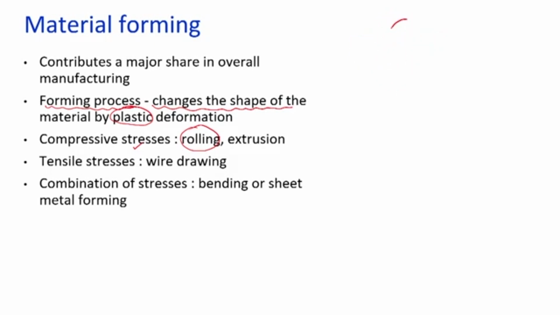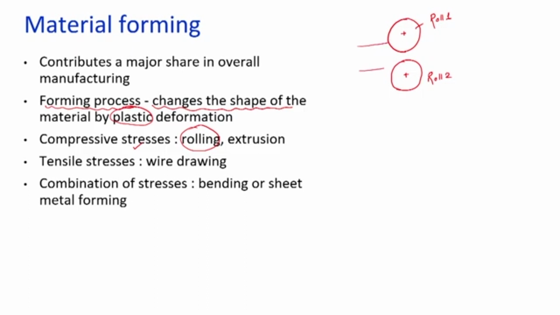In the rolling operation we use two rolls, say roll 1 and roll 2, made of metal. There is a designated gap between these two rolls. Certainly this gap would be less than the thickness of the input material.